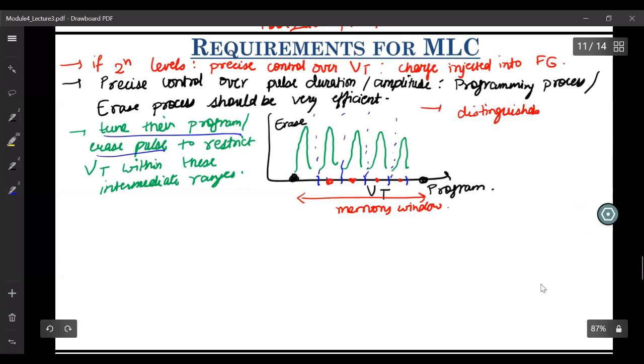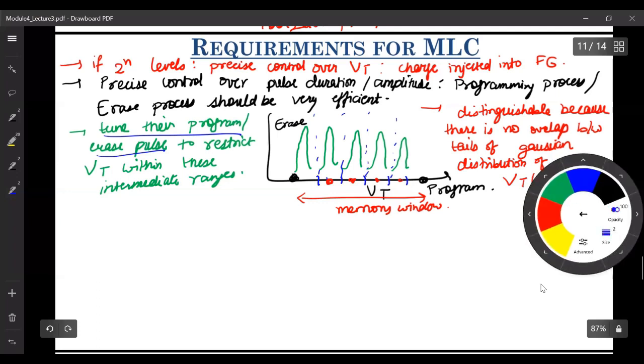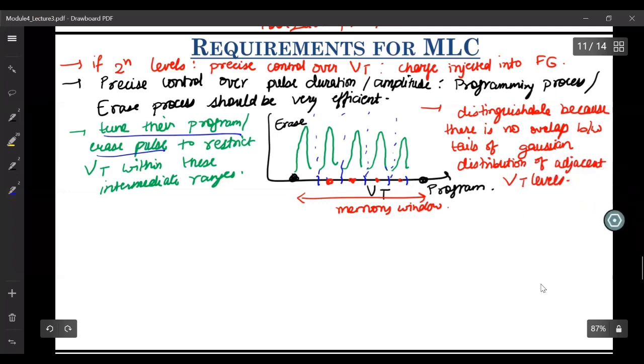They are distinguishable because there is no overlap between the tails of Gaussian distribution of adjacent VT levels.